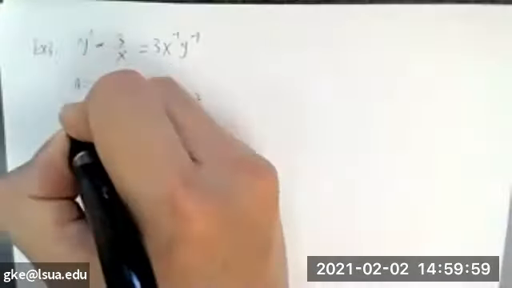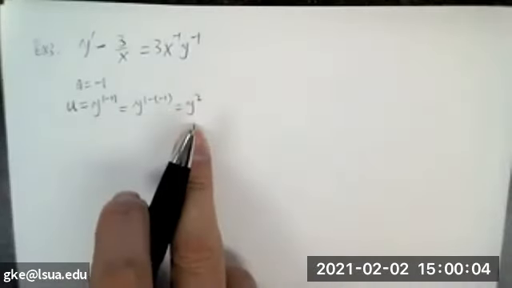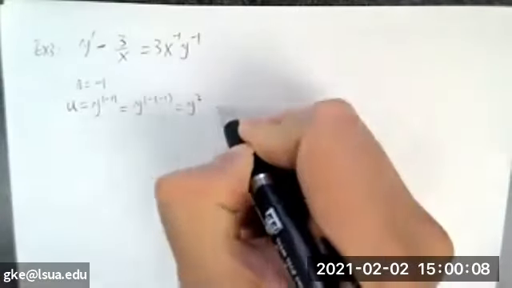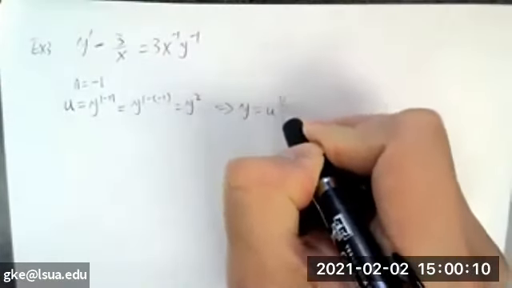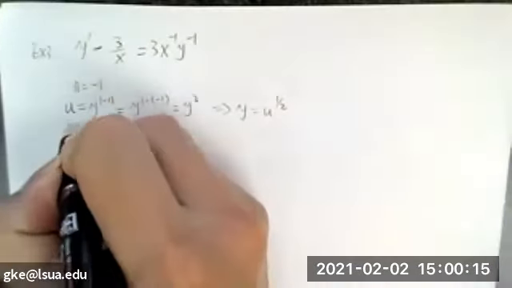And again, we got this one, and then what? We have y equals u to the power 1/2. Then we dy over dx.